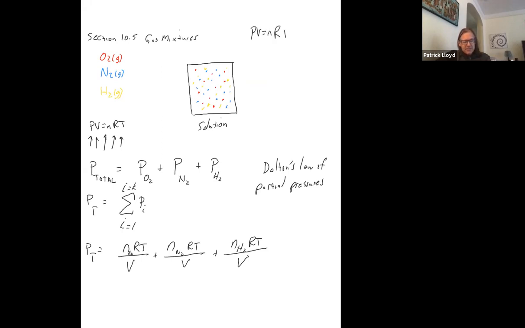Everywhere that I see P, I substitute in nRT over V. I just divided both sides by V, right? So anywhere where I see P, I just put in nRT over V.